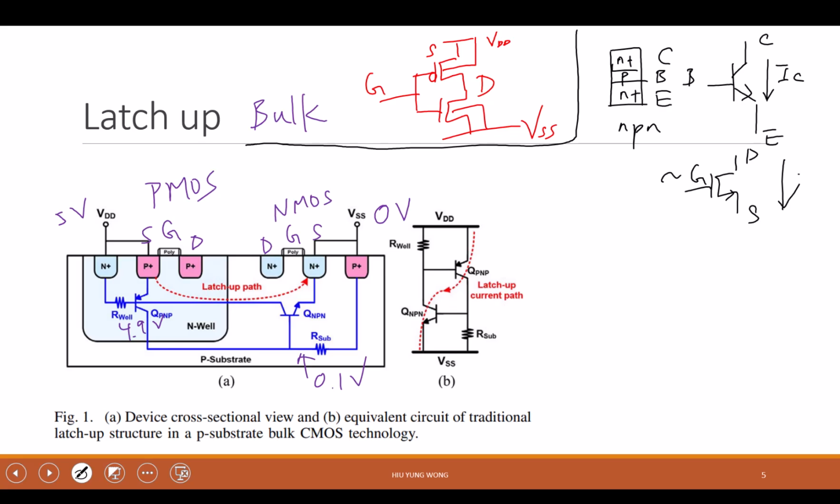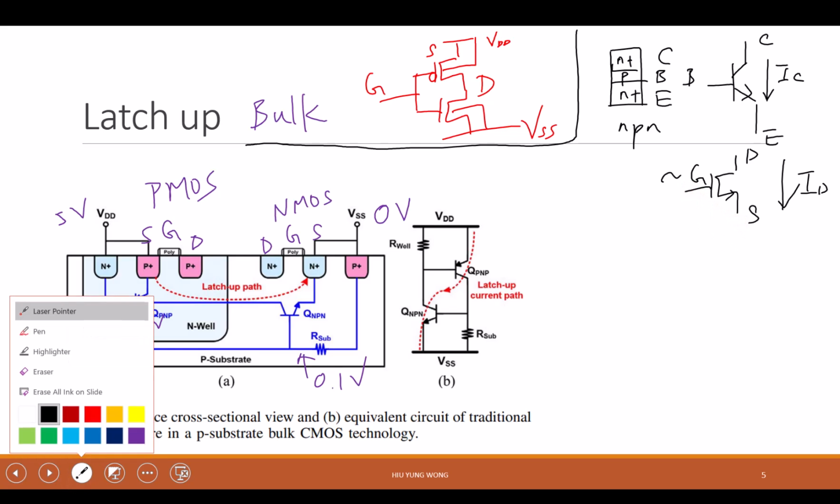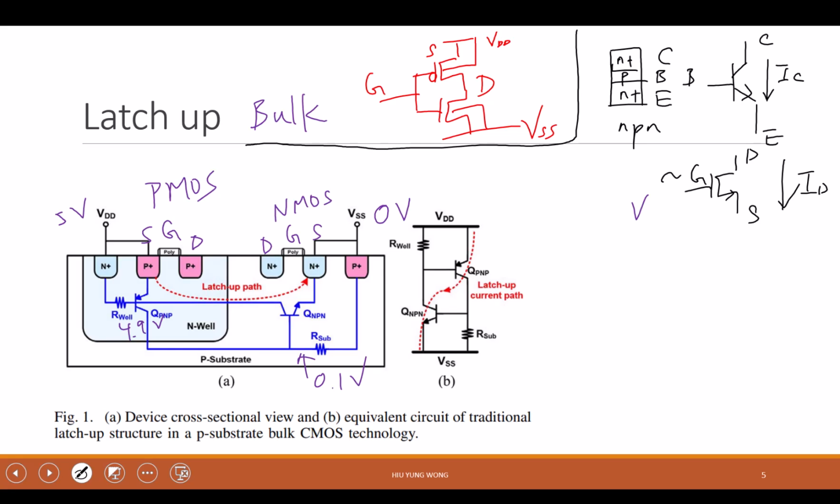And then you have ID going down. And you know that in NMOS, you turn it on by making VGS larger than VTH, right? Then it is on. Here you make VBE larger than a certain voltage. Let's just call it VBE on.